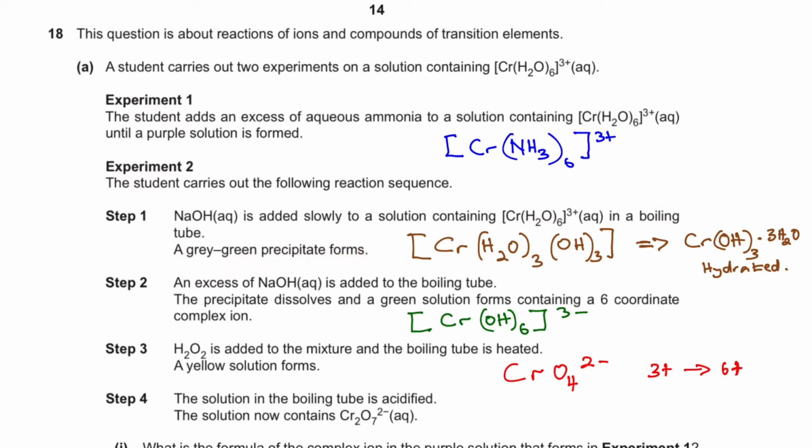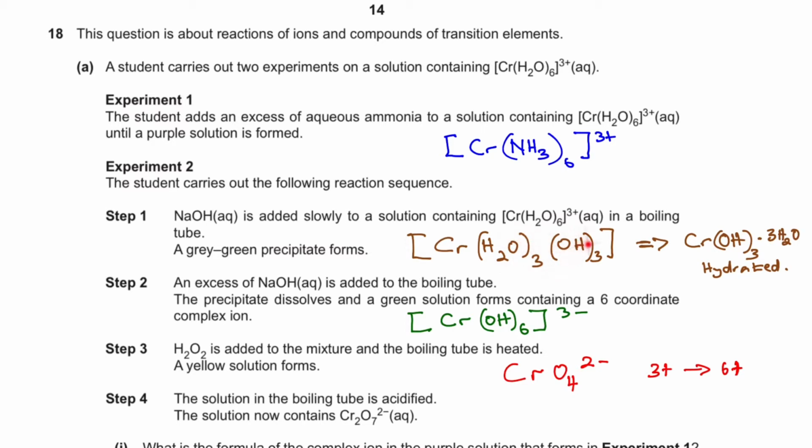Well, because sodium hydroxide is added, the OH ion will displace 3 water. Hence, you get 3 OH ions, but this is OH minus. So chromium is 3 plus, and you've got 3 minus here because it's 3 of them, and therefore no charge. Remember, chromium is 3 plus. Water is a ligand, it doesn't have any charge on it.